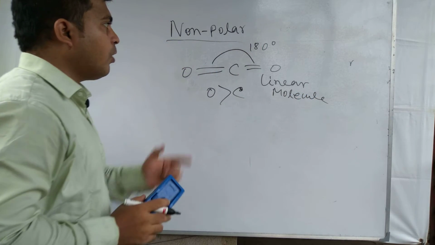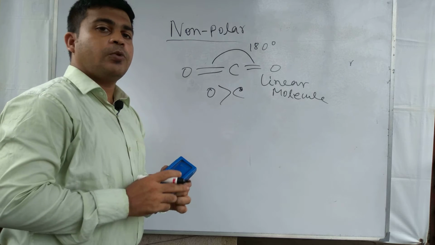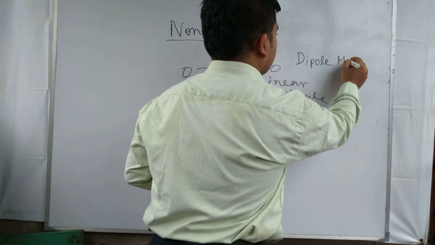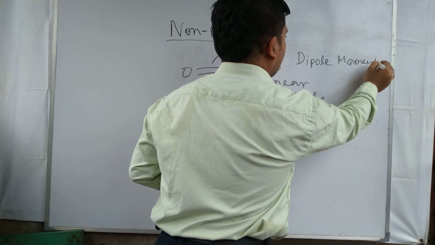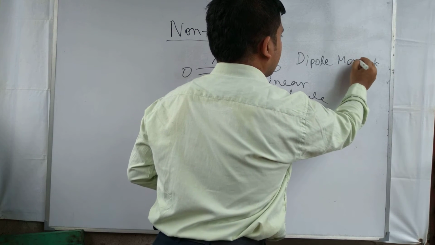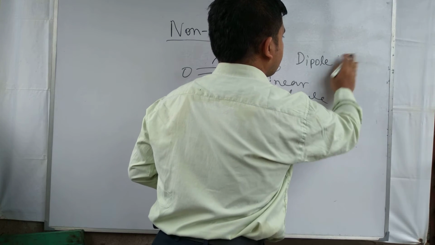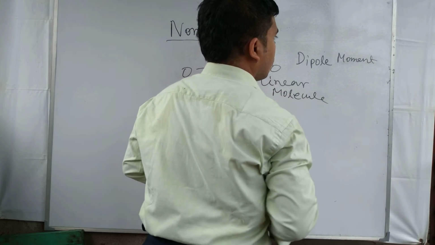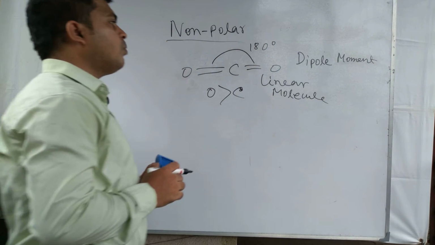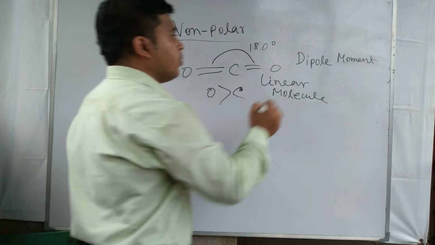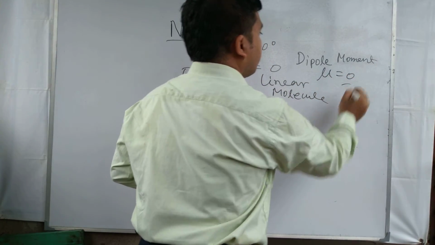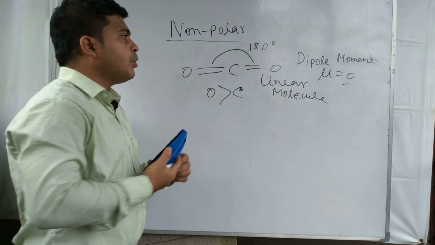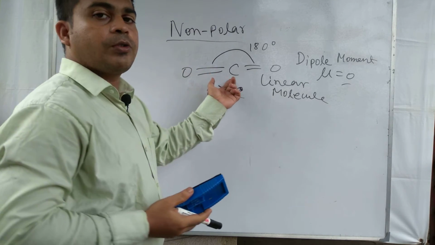For this molecule we have to calculate the dipole moment, mu, and after finding mu equal to 0, we can say the CO2 molecule is non-polar.